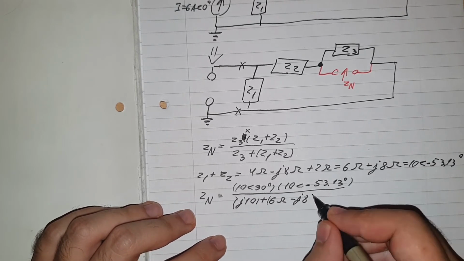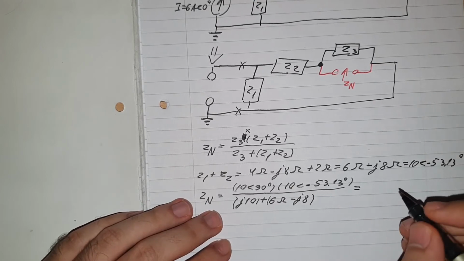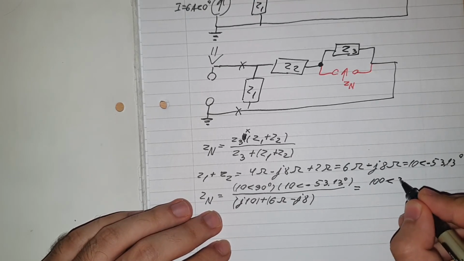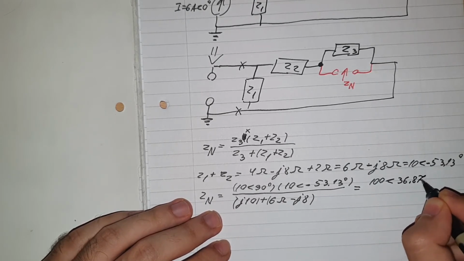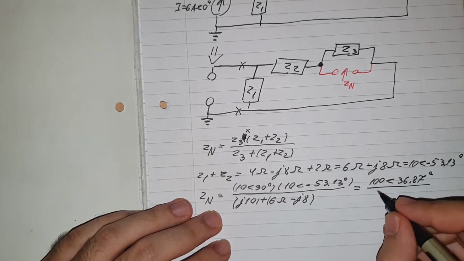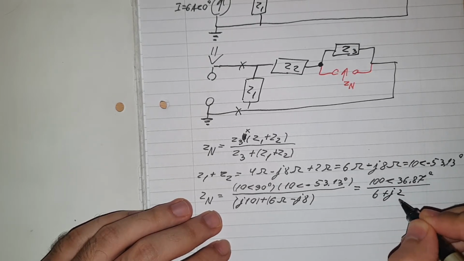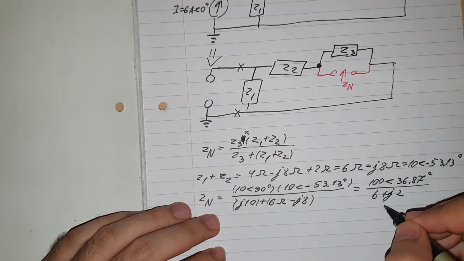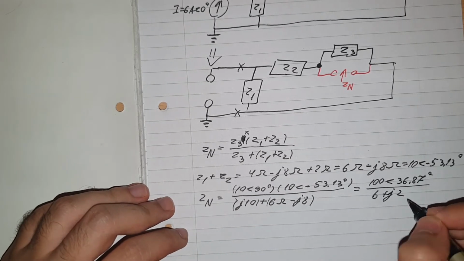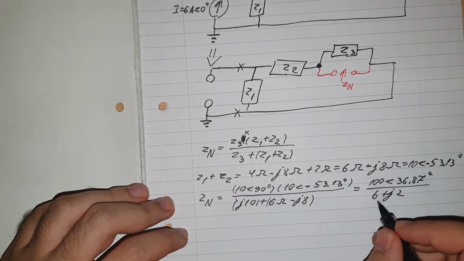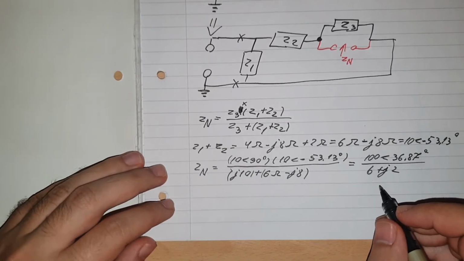Okay. Now this will be equal to 100 at an angle of 36.87 degrees divided by 6 plus j2. Now the next step is simply to convert this value here into polar form.